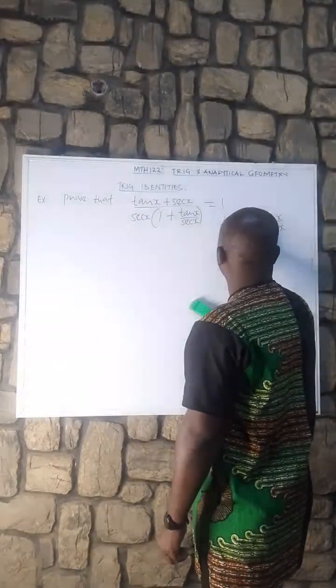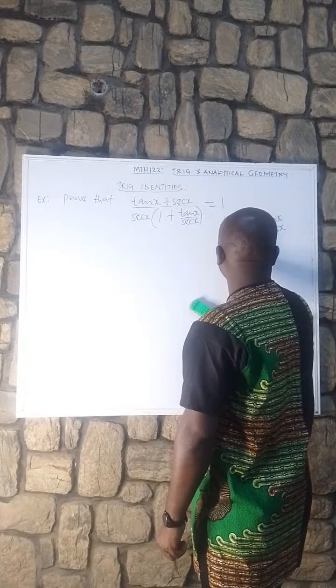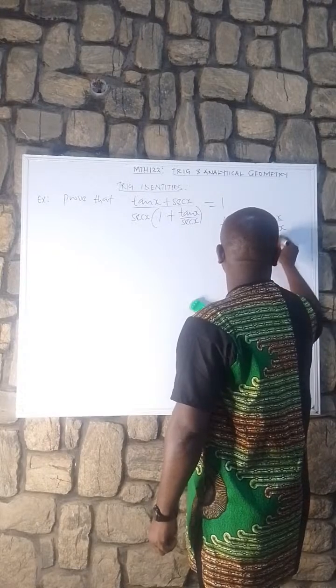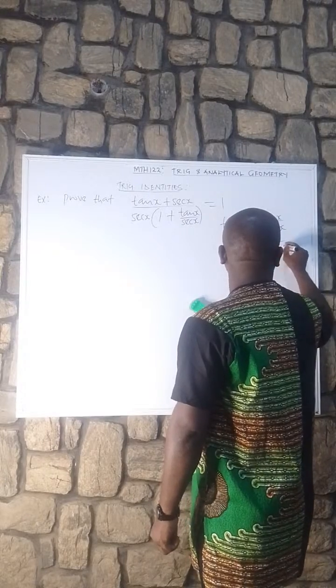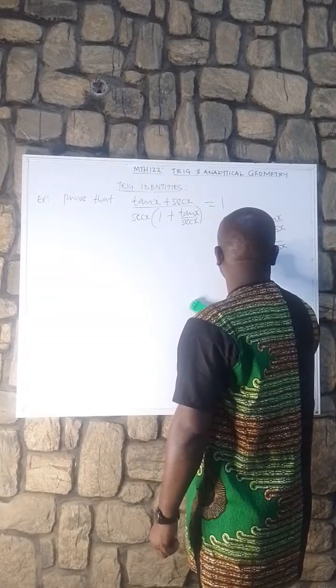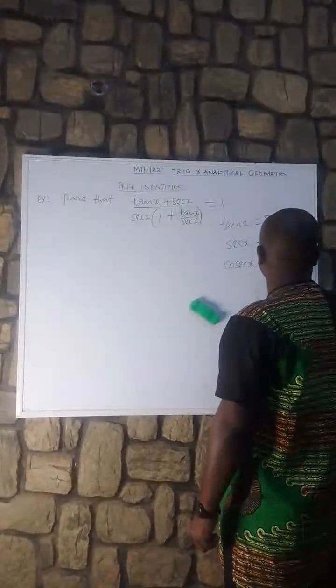Then sec x is equal to 1 all over cos x, true or false? And cosec x is equal to 1 all over sin x.